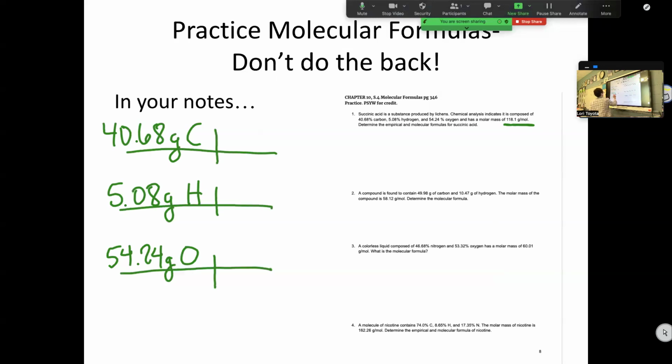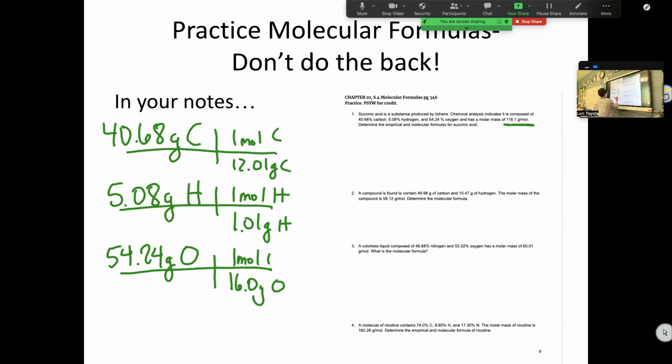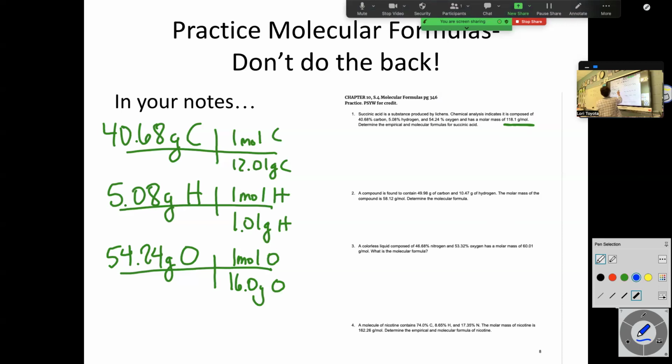Do a little molar mass: 1.01 grams of hydrogen per mole, 1 mole of carbon is 12.01 grams of carbon, and 16 grams of oxygen is 1 mole of oxygen. Cancel, equals.